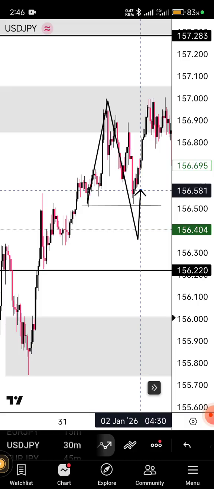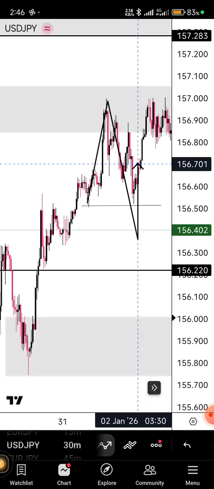Now, you can find that key level in the 30 minutes time frame, the same time frame. Or if it's not in the 30 minutes time frame, you switch to 1 hour time frame.